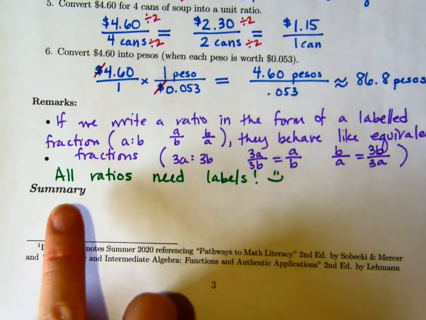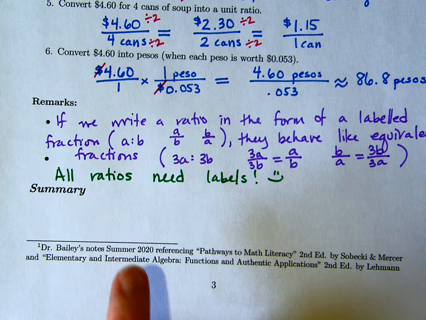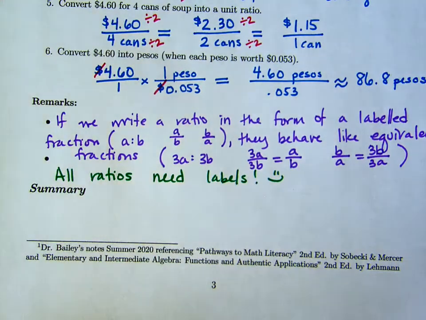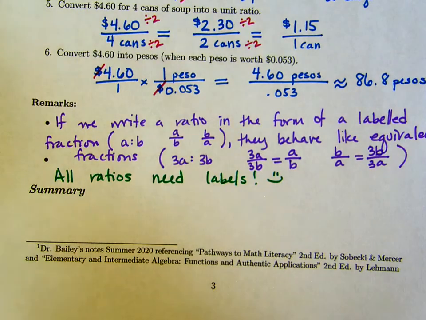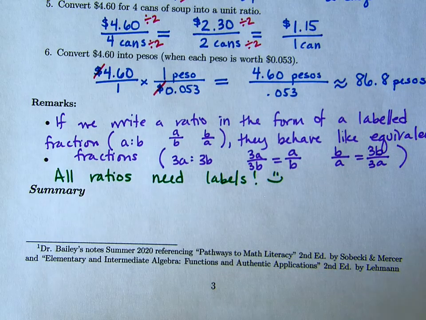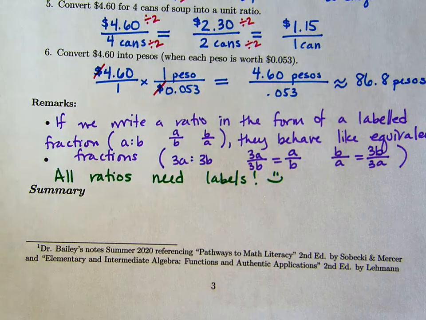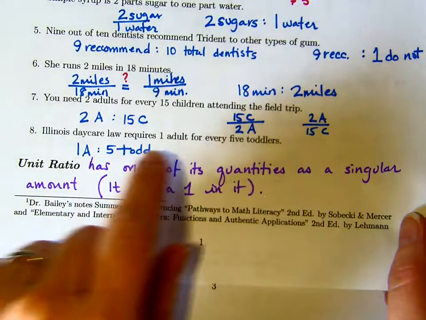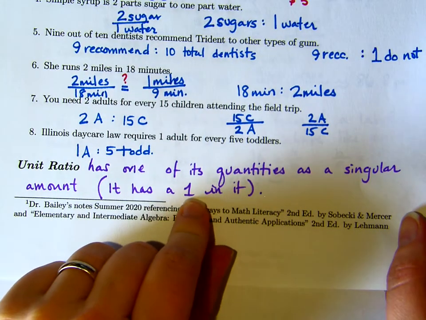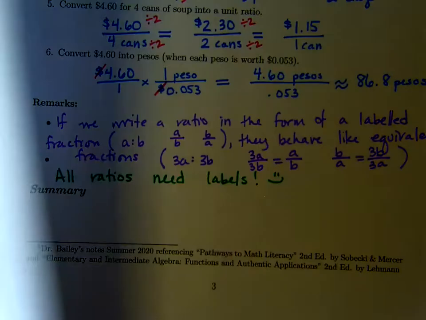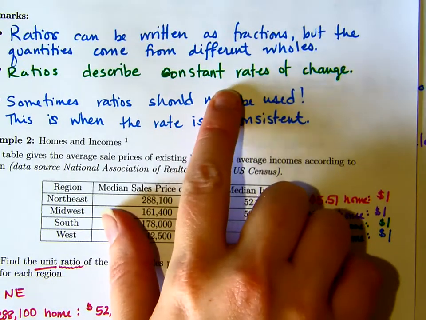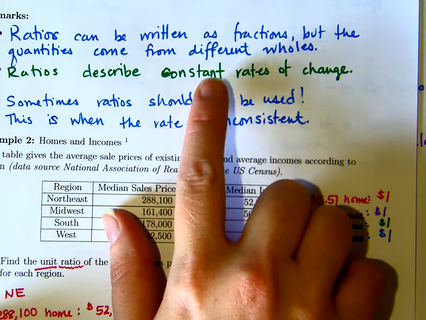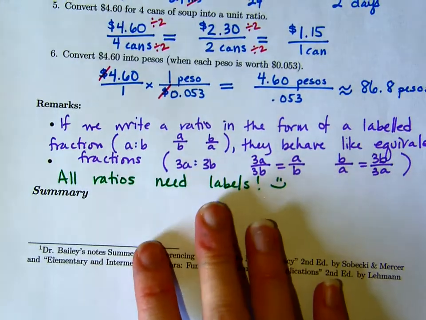So, in summary, a couple of things. Ratios are rates of change, and it's only when the rate is consistent that we use a ratio. Also, a unit ratio has one of its quantities as a 1. So a unit ratio has a 1 in the ratio, and ratios are meant to describe constant rates of change.